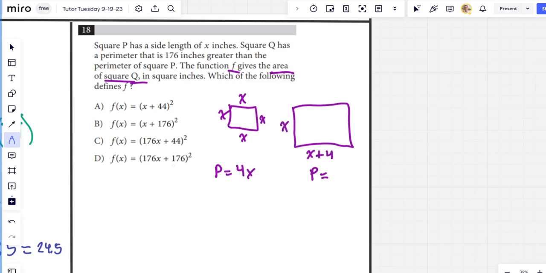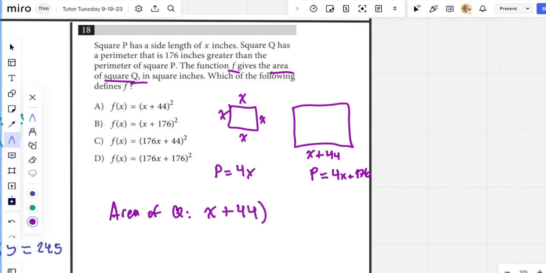It's actually going to be x plus 44, because that would give us the perimeter of 4x plus 176, when we add up 44 on each side. I see some people already got an A, which is good because that is the right answer. The area of Q is going to be x plus 44 squared. They might try to trick you with that 176, but the 176 is the total addition to the perimeter, so 44 on each side.